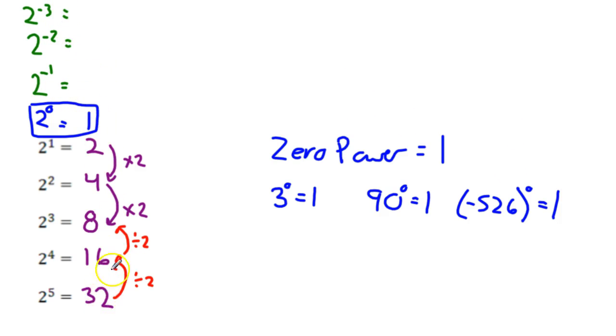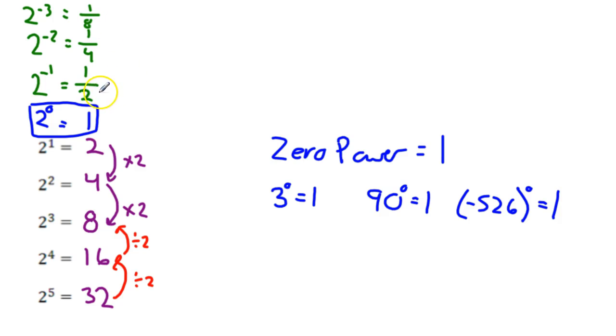Well, if I go back, I divide by 2 each time. So I take 1 divided by 2. If I want to go back one more, 1/2 divided by 2, that's 1/4. If I want to go back one more, divided by 2, it becomes 1/8.